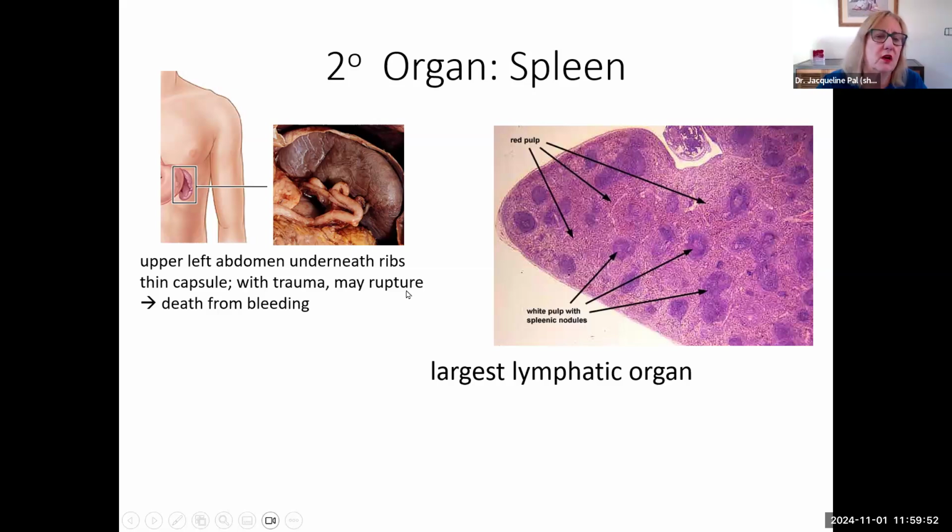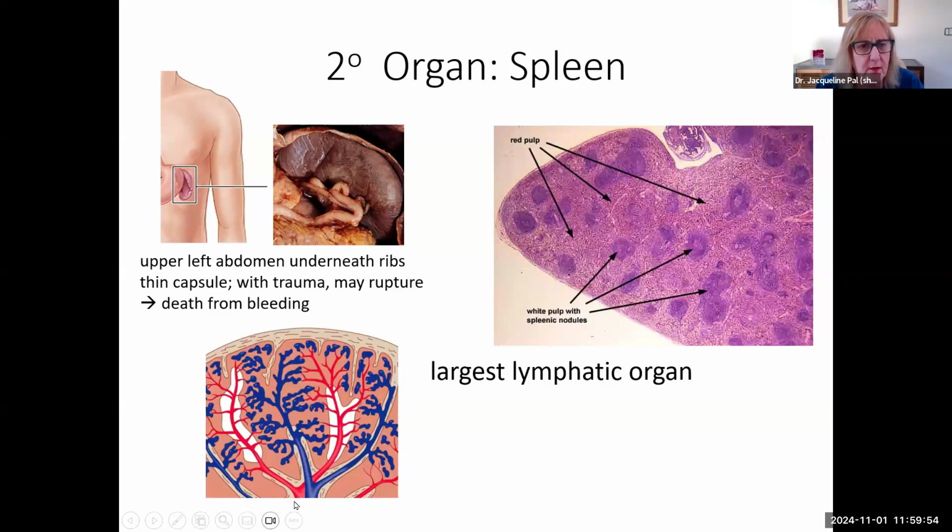So let's go to a cartoon drawing to understand this better. Here we have a little arteriole bringing blood flow into it, and you can see it branches. Surrounding each little arteriole, they have put white around it, because this white area surrounding it is called the white pulp.